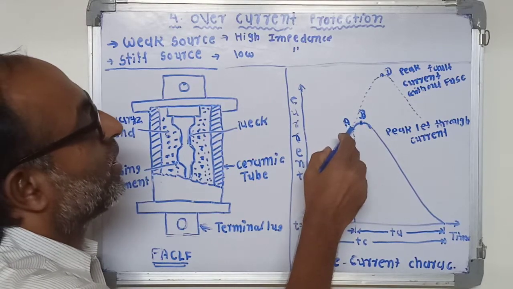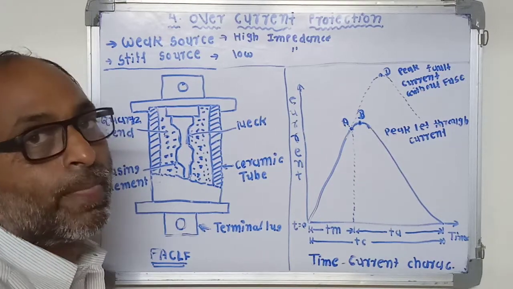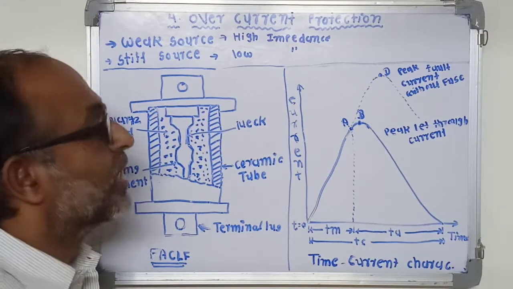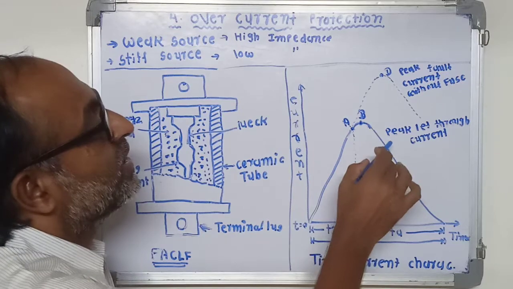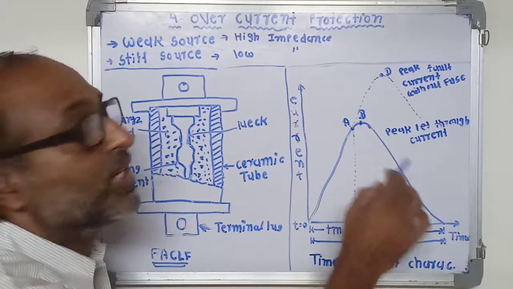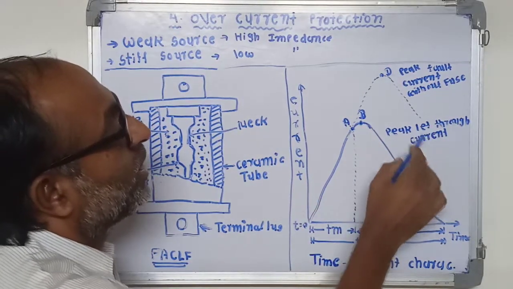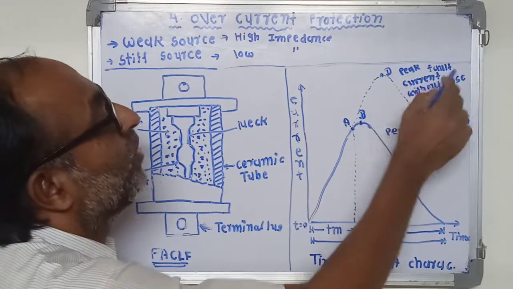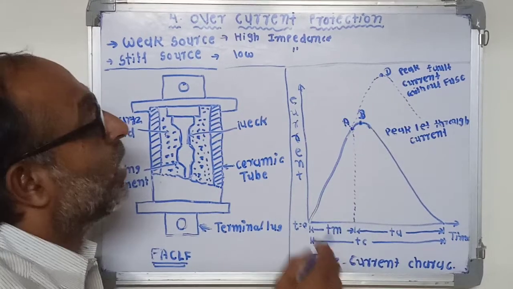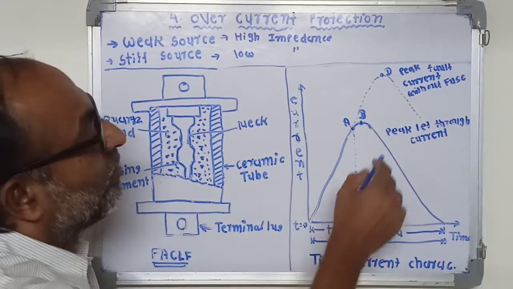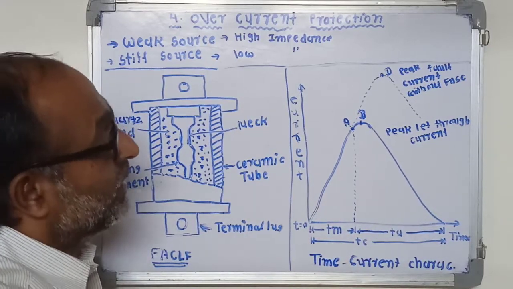Now this fault current still continues to rise, which depends on the parameters of the circuit and the design of the fuse. Now this current reaches a peak value, which is called the peak let through current, denoted by point P. The value of the peak let through current is less than the peak fault current without fuse, which is denoted by D. So after point B, the fault current decreases with the increase in arc resistance.